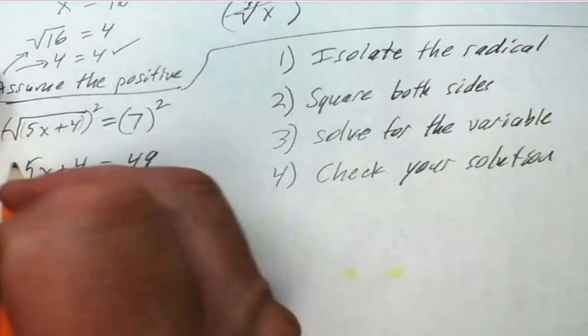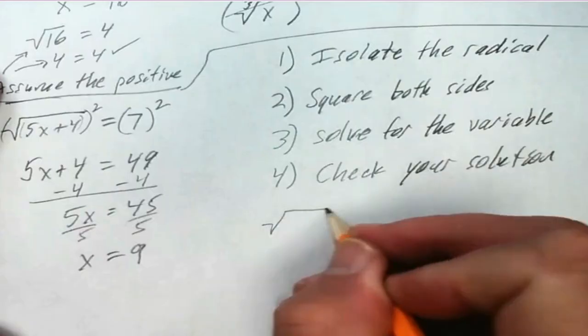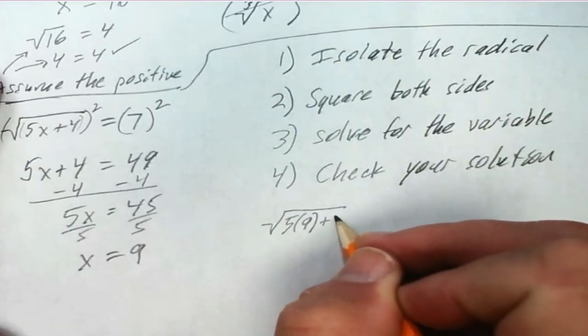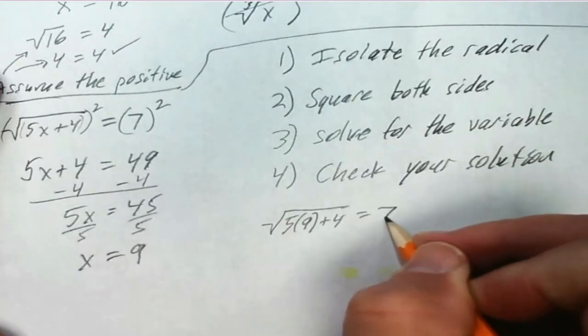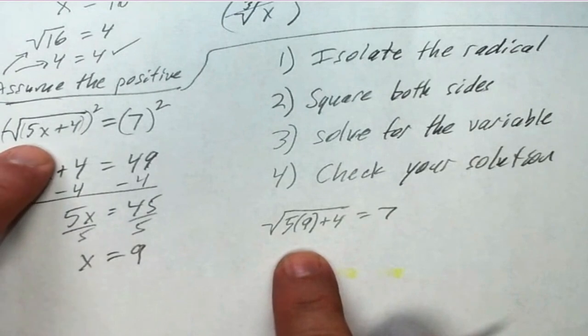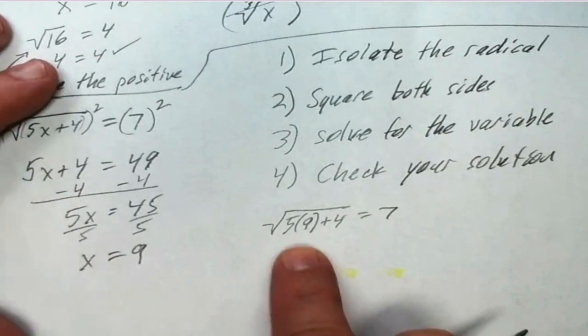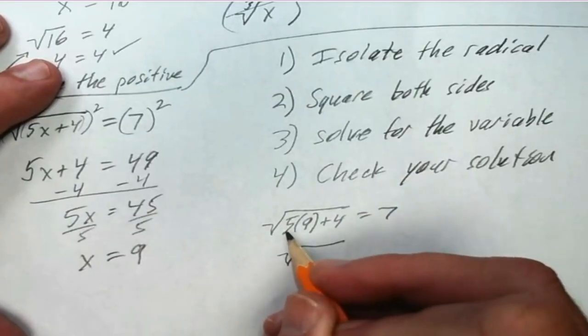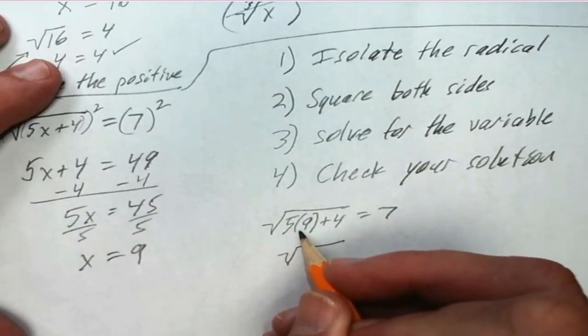Let's check our solution. So the square root of 5 times 9 plus 4 equals 7. We took our 9 and substituted it into our original equation. Now we're going to check to see if this works. So 5 times 9 is 45, plus 4.